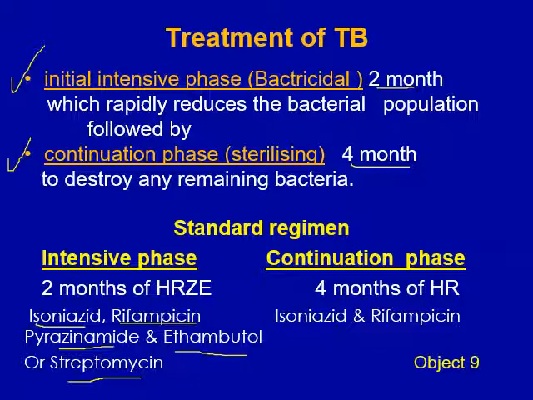This is the intensive phase, which kills most of the bacterial population. Then the continuation phase is for 4 months with INH and rifampicin to kill all the remaining bacteria.